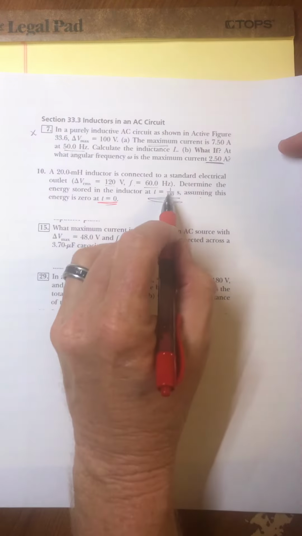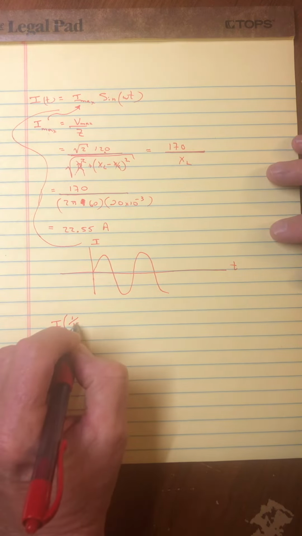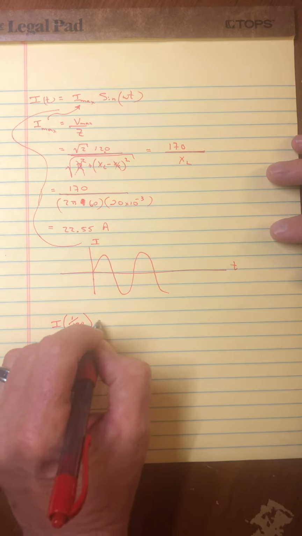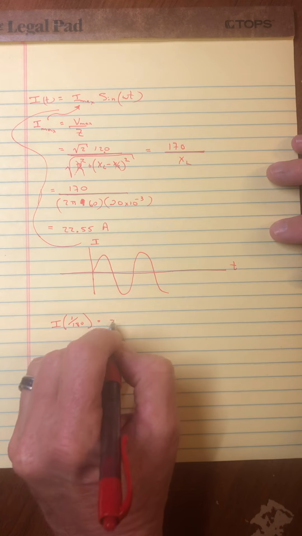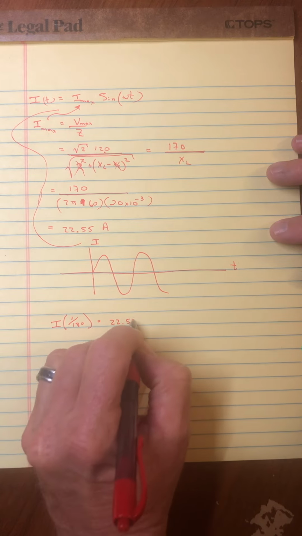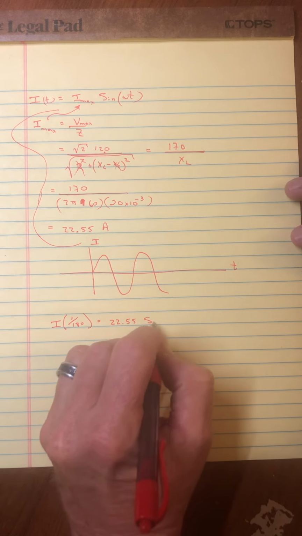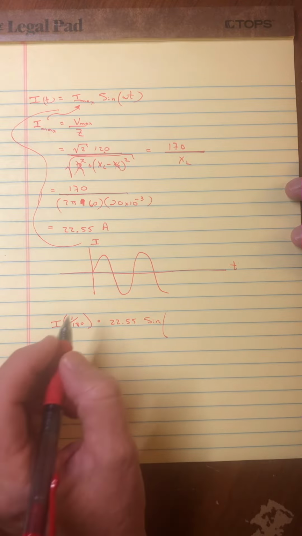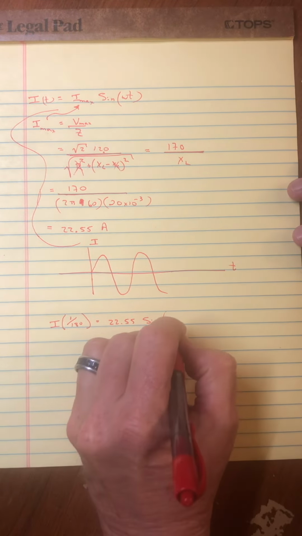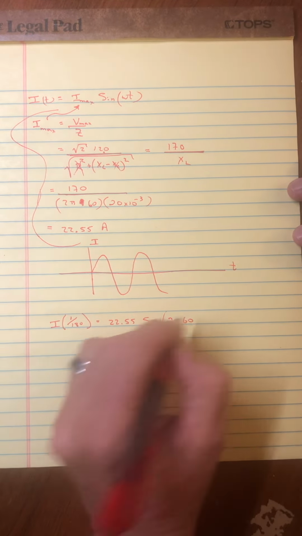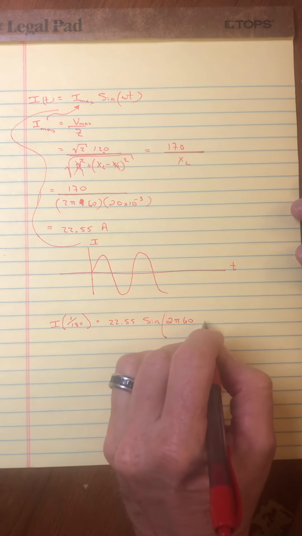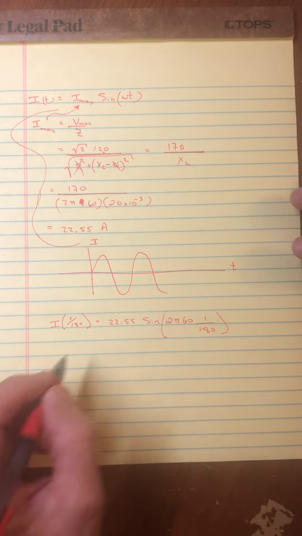What moment in time? 1/80th of a second. So it'd be this maximum, 22.55 times the sine of, and omega would be 2 pi times 60. And then the time would be 1 over 180.